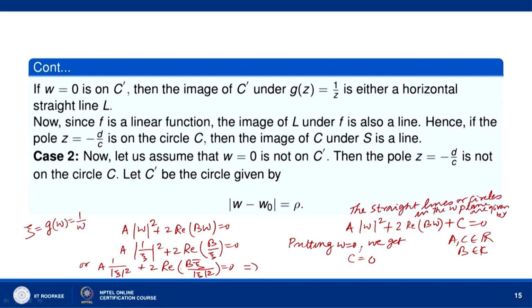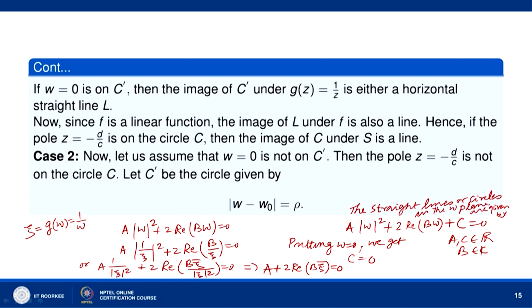Now, we can multiply this equation by mod of Xi square. Mod of Xi square is a real quantity, so it will come out of the real part. So, we get A plus 2 times real part of B Xi conjugate equal to 0.